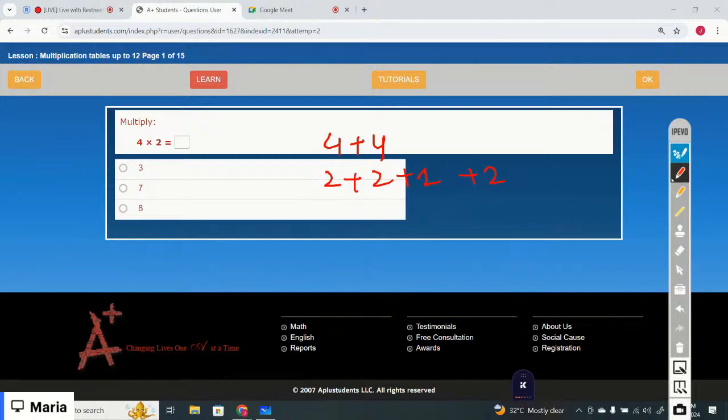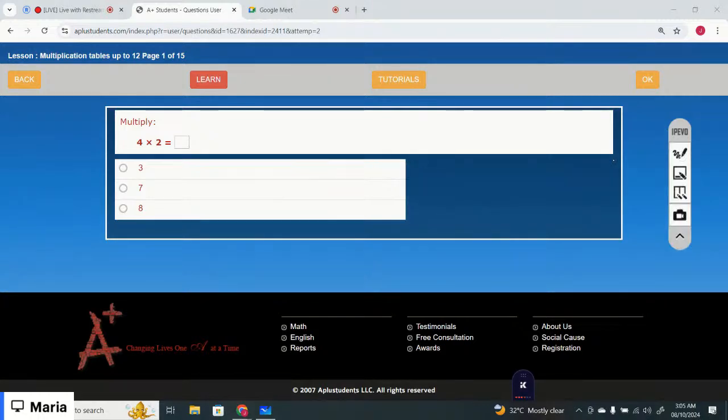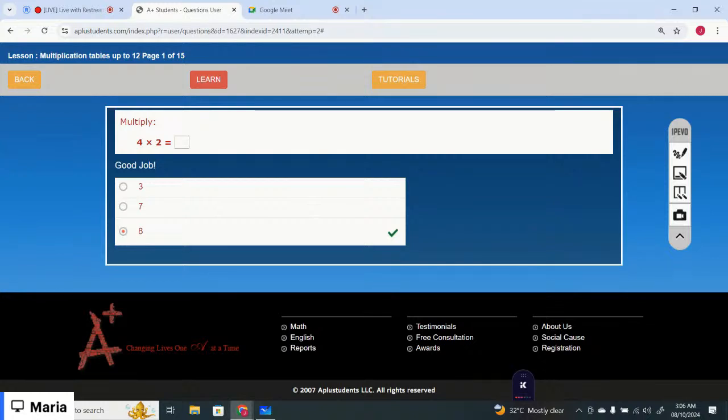So for smaller numbers this is okay, but for greater numbers, you must learn the tables, right? There's a greater chance to make a mistake when you are adding so many times. So 4 times 2 is 8. Option number 3 is the correct option.